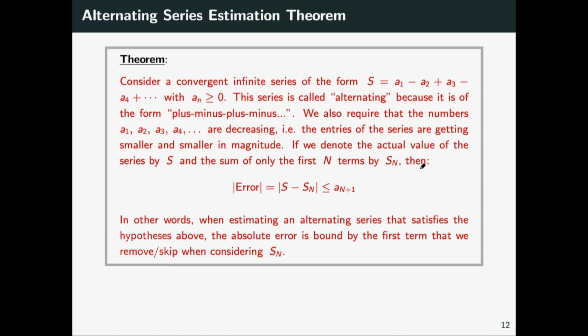We just need to make sure we're checking the hypotheses before we use the theorem. But aside from that, once we have the hypotheses, folks, look at this: the error bound would just be the next term that we remove, which is so straightforward and amazing. We're going to do an exercise in just a minute to see what that looks like in real time.